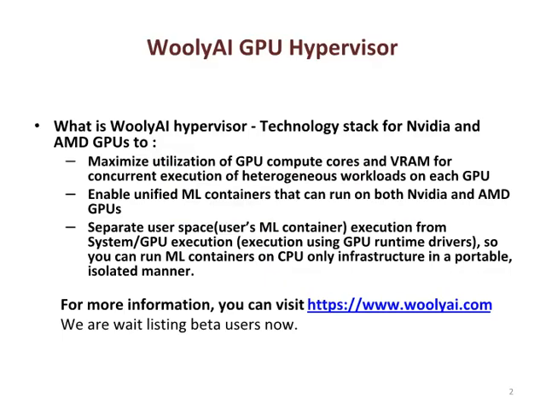Separation of user and GPU execution space: your machine learning containers can run remotely on CPU-only infrastructure, while GPU kernels execute on the hardware. Dynamic GPU resource management: WoolyAI does fine-grained allocation of compute cores and video RAM on GPU across concurrent workloads to maximize utilization and eliminate waste. In practice, this means more workloads per GPU.